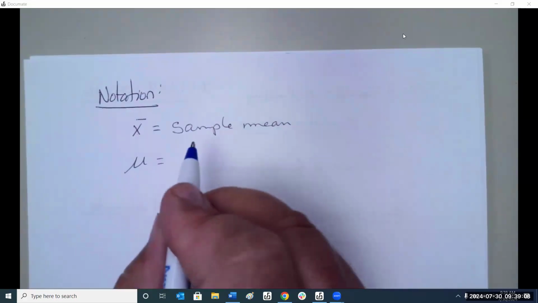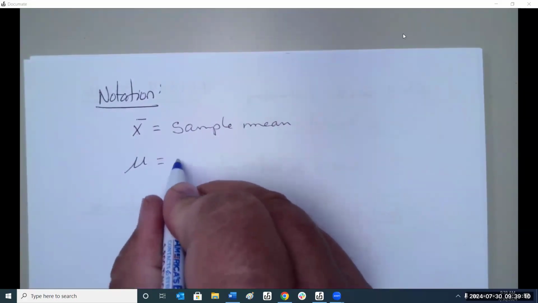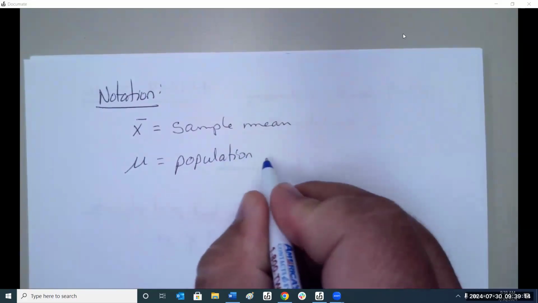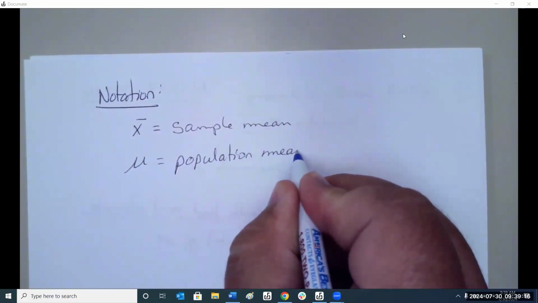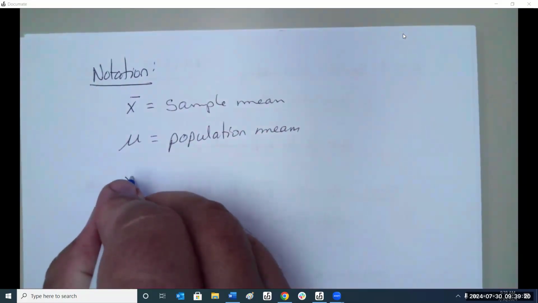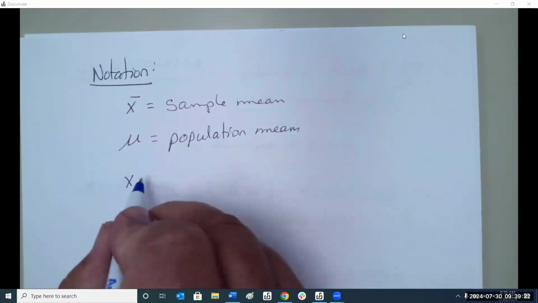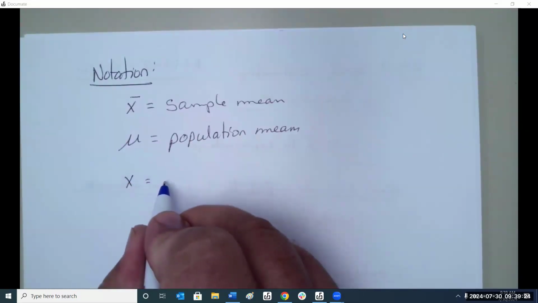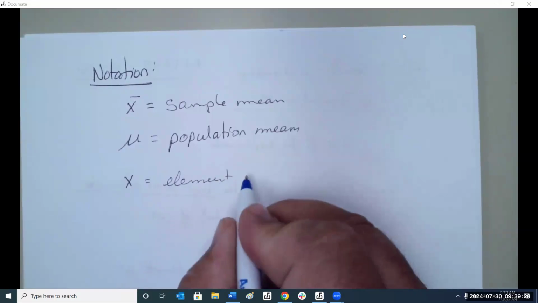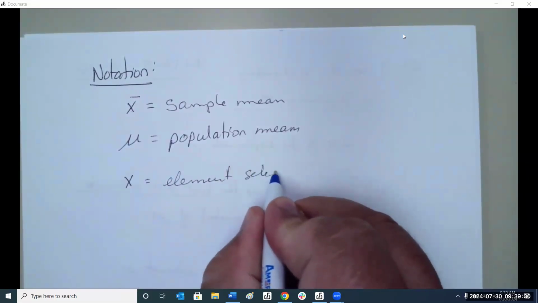The Greek letter mu, since it's a Greek letter, deals with the population mean. X is your element selected.